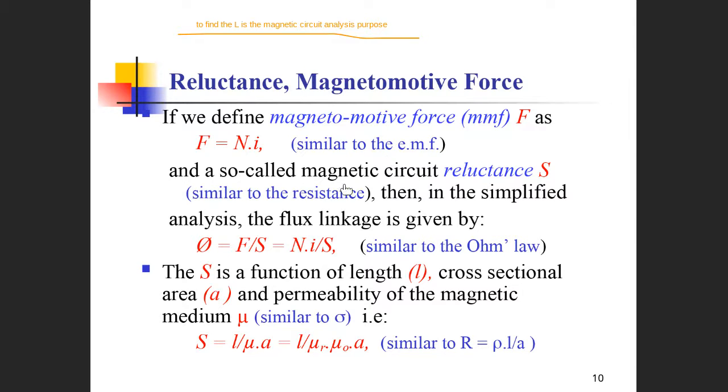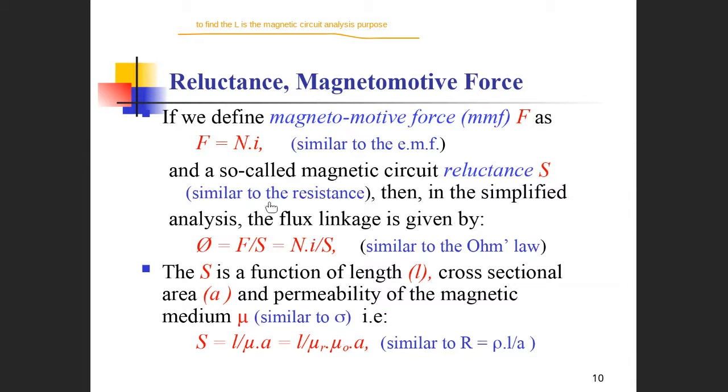And also the magnetic circuit reluctance. Reluctance is similar to resistance. To produce the flux in a coil with magnetomotive force, we introduce the reluctance.